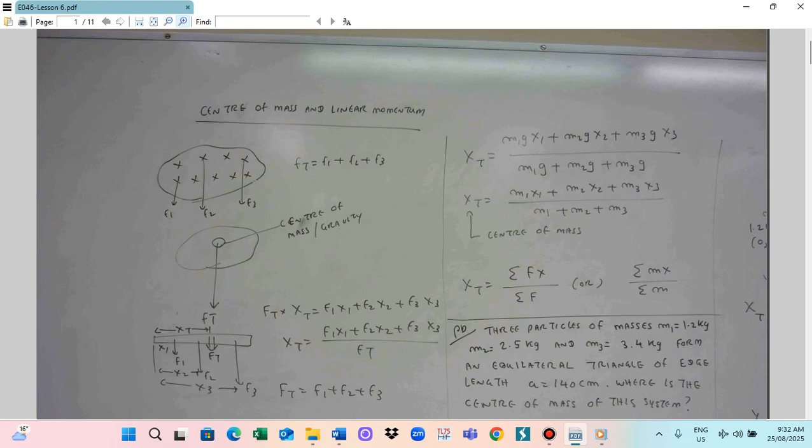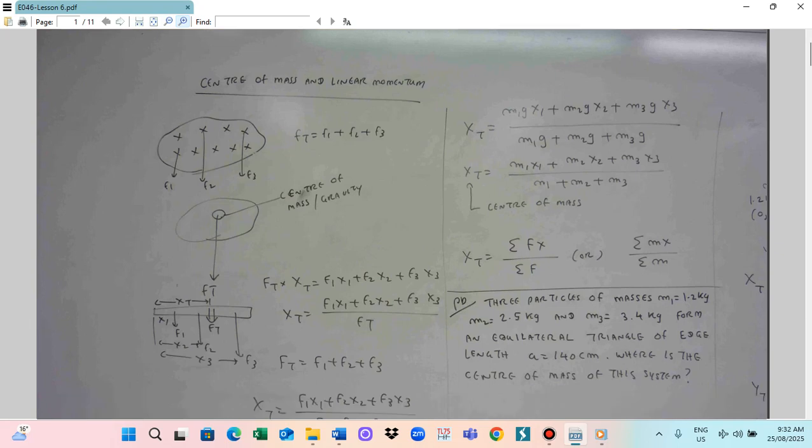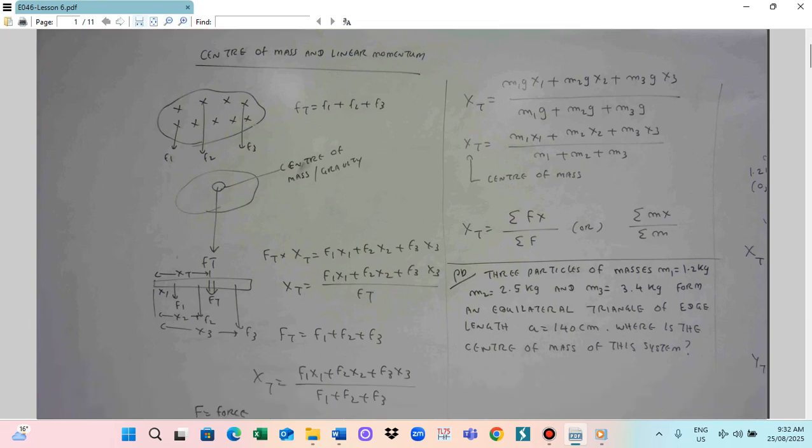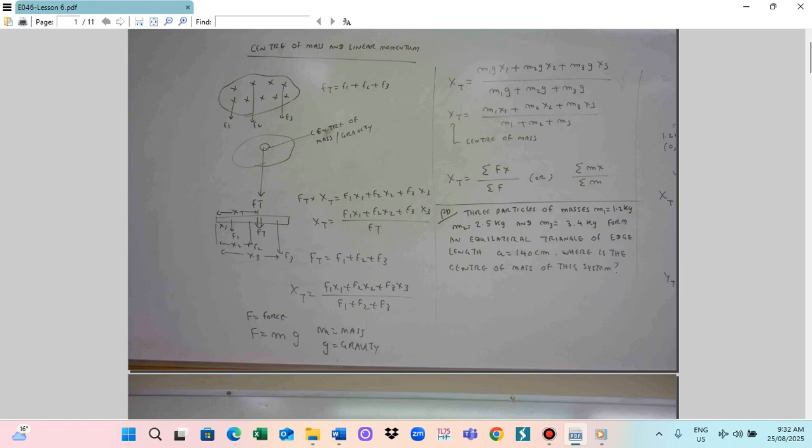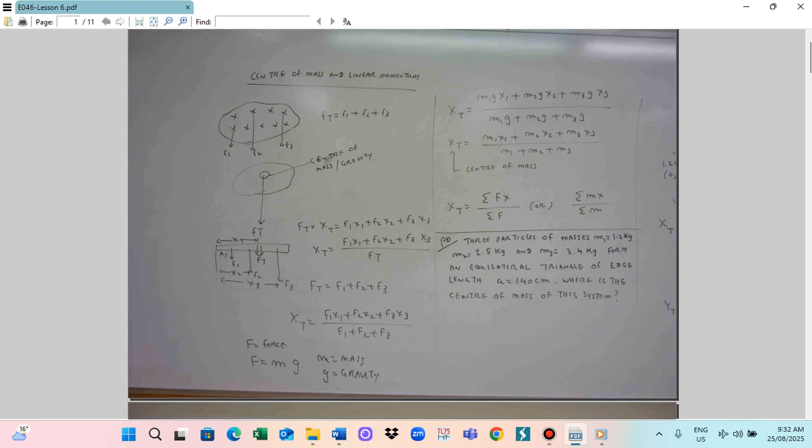All equipment is a combination of small particles. They can be divided into small particles. Each particle has a weight and each particle has a mass. So the combination of all the weights and all the masses passes through one point. This is the center of mass, or the center of gravity.